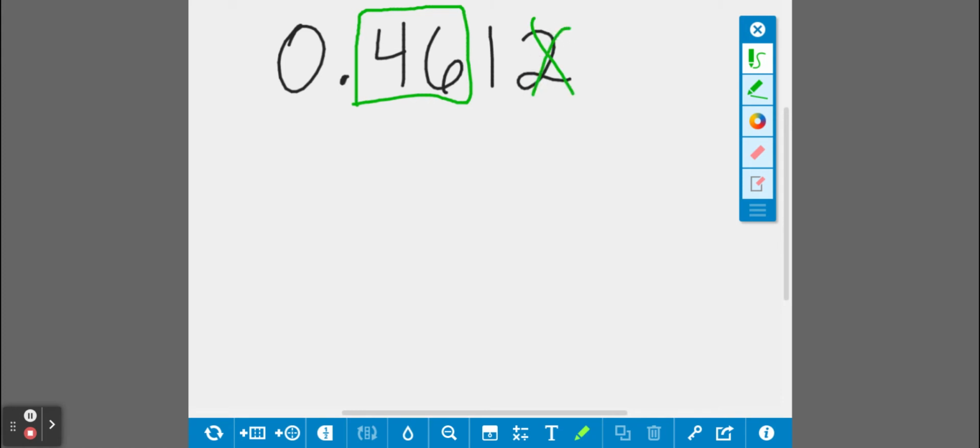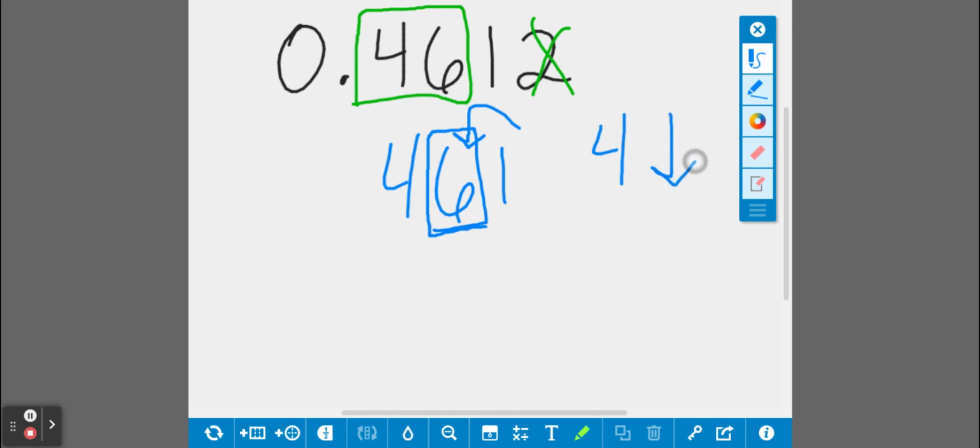We're going to knock this little guy out of there because we don't even need to think about it, and we'll just look at 461. We're rounding to the nearest 10. Who's knocking on the back door? It's a 1. So if it's 4 or less, we let it rest. We don't do anything to it. 6 stays the same, 4, and from a money perspective, we would say it's 46 cents.